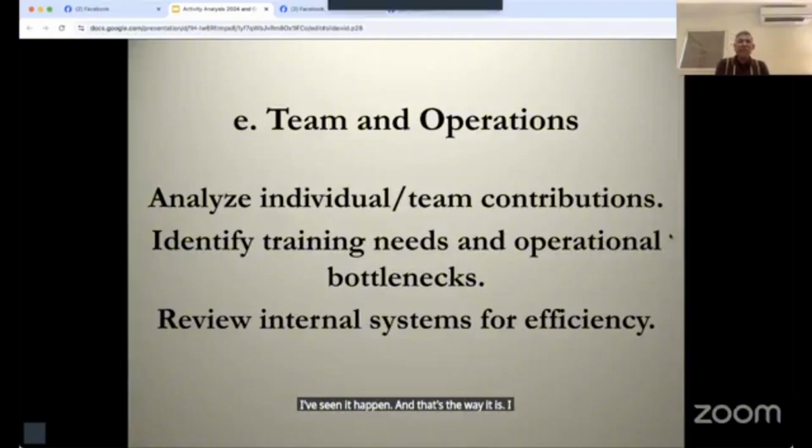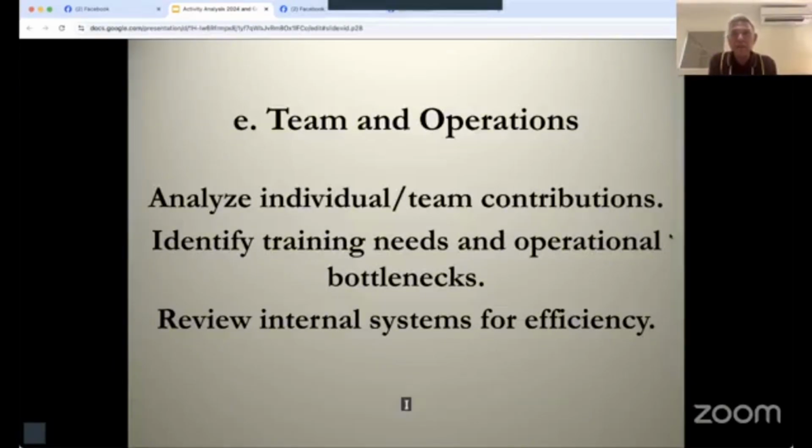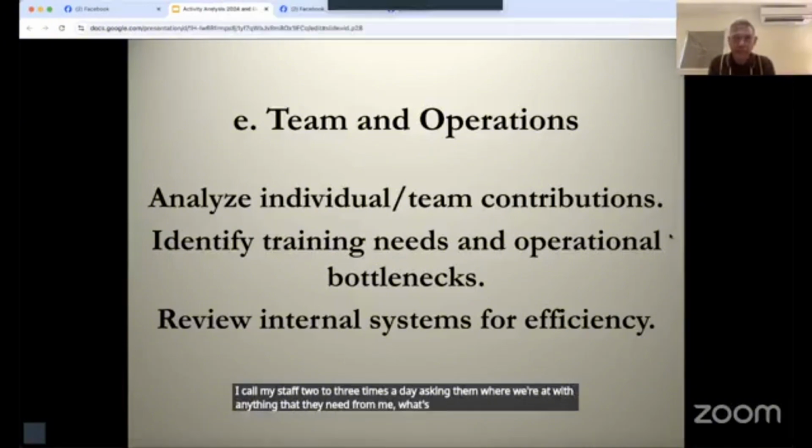Identify training needs and operational bottlenecks. So where are we? And I do a talk. I call my staff 2 to 3 times a day, asking them where we're at, anything that they need from me, what's been followed up. Do I need to call anybody? So we're really into it.